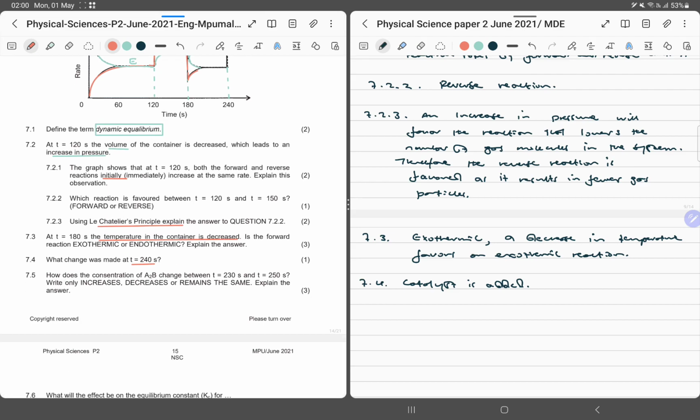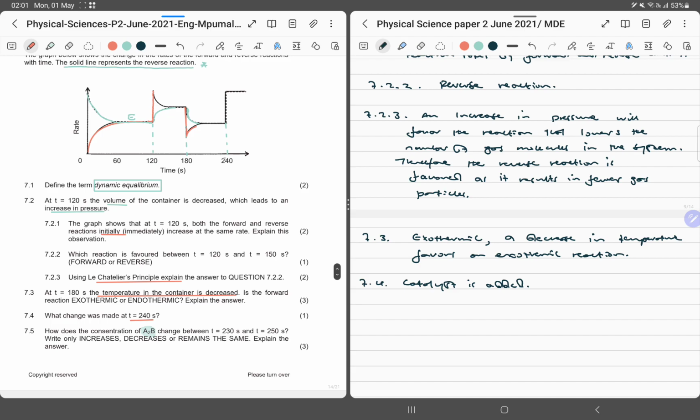Now it says, how does the concentration of this gas, which is A2B, the reactant in our equation, change between T230 and 250? As we can see here, 230 would be somewhere here, and then 250 probably somewhere there.